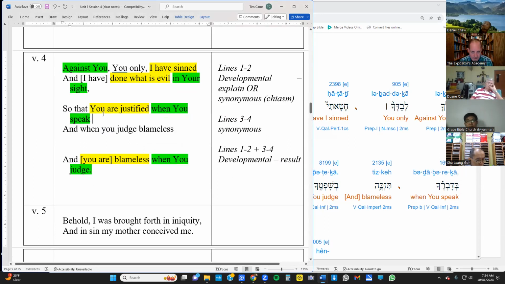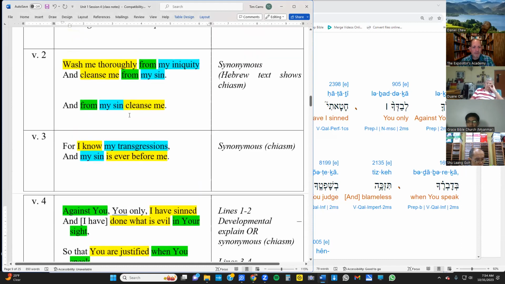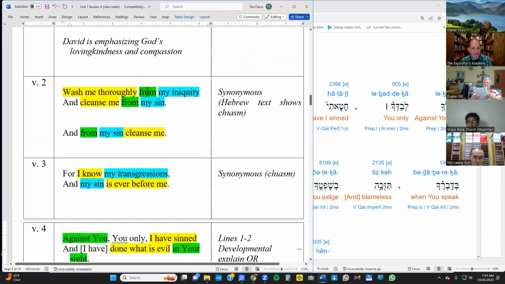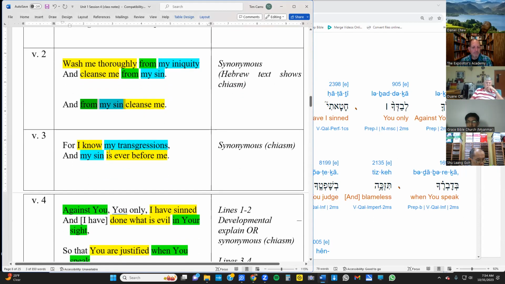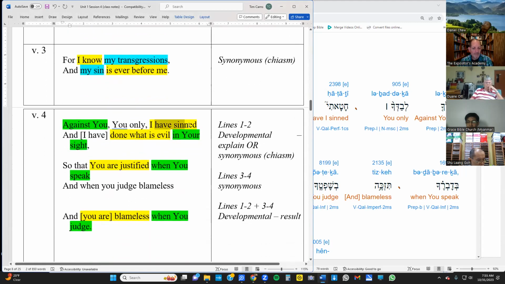He's just making a parallel statement. Because again, remember, guys, what is he focused on so far? Verse 2, from my iniquity, and then from my sin. That was a chiasm. My transgressions, my sin. And then verse 4, I have sinned. I have done what is evil. Notice each of these chiasms is focusing on his sin, isn't it?